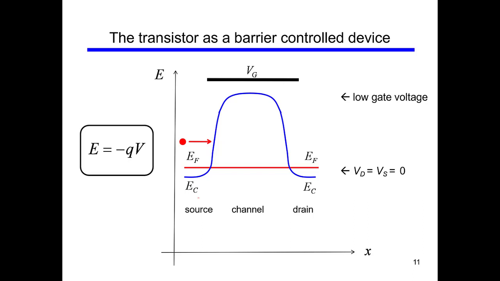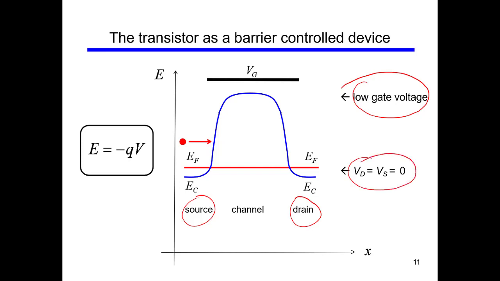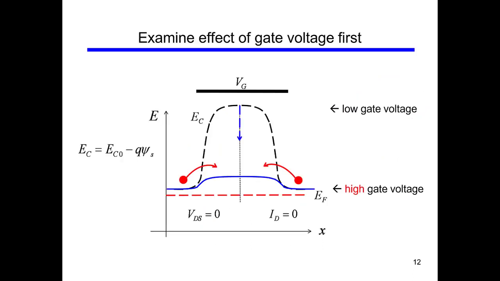So on this side you have the source, on this side you have the drain, and you have a potential hill that is here. So when you apply a low gate voltage, the potential hill is very high. Okay, note that the source and drain are at zero potential. But what happens when you apply a high gate voltage Vg?